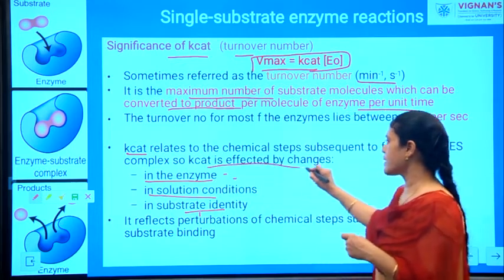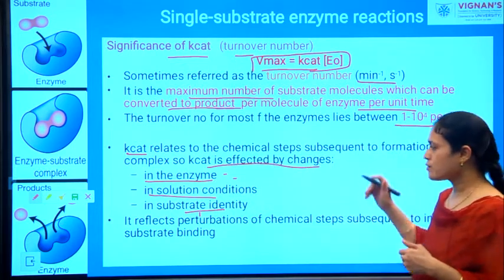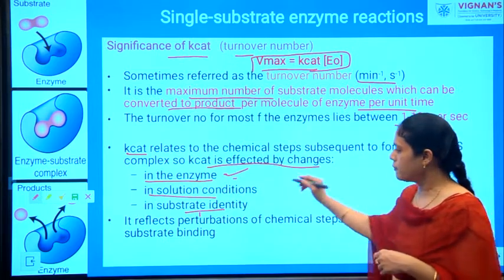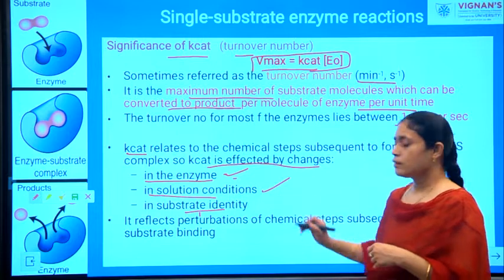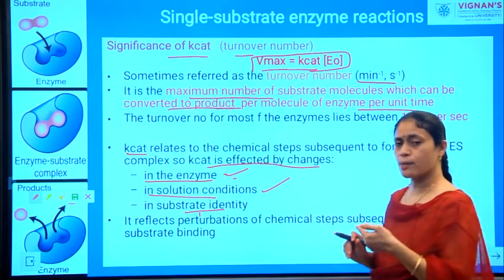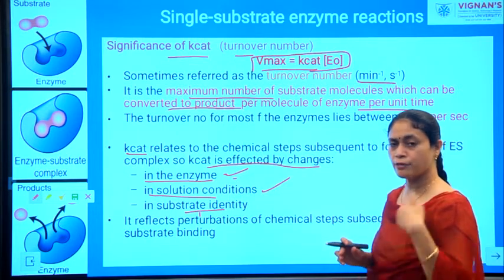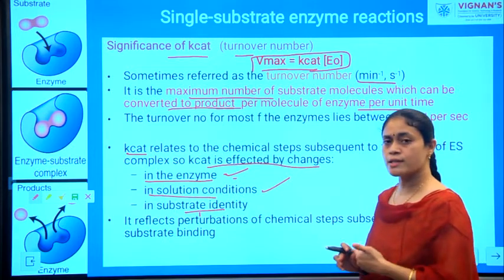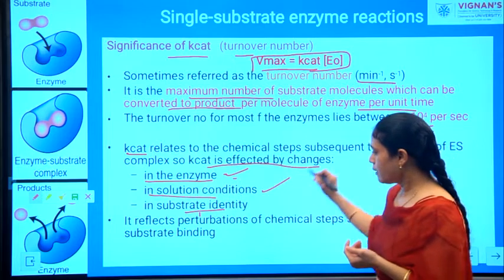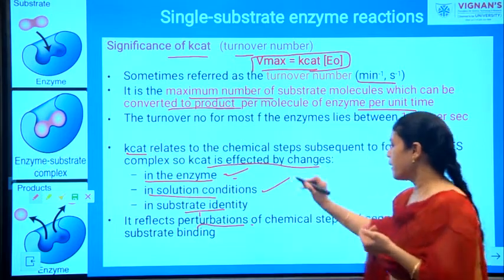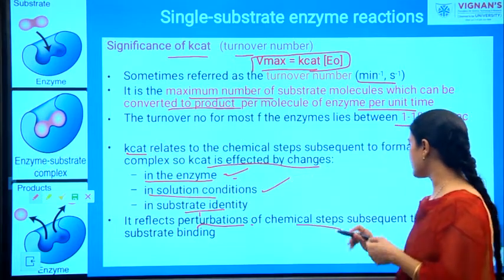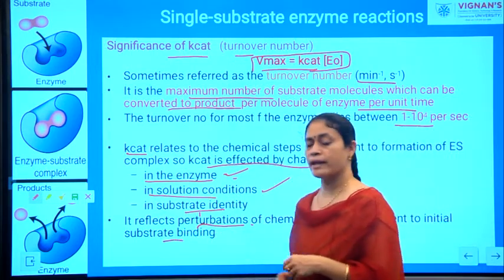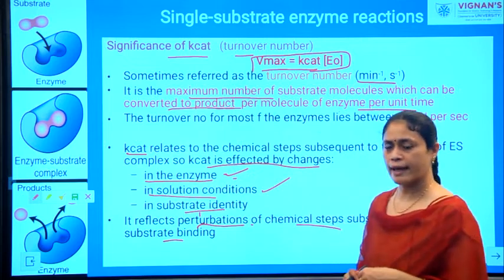It is affected by changes in the environment and the solution conditions in which the enzyme and substrate participate, going towards the formation of a product. And it reflects the perturbations of chemical steps subsequent to the initial substrate binding. This is the importance of your kcat.